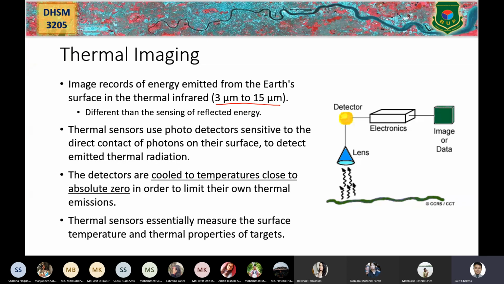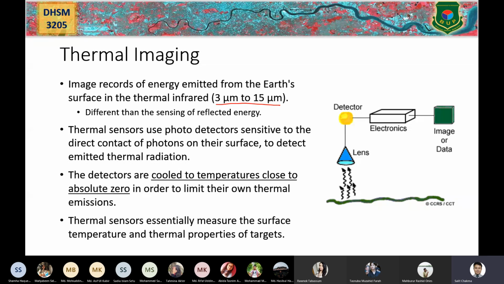On the other hand, we have also seen the predecessors of Landsat 8, which are Landsat 5, Landsat 4 and 7. They contain a thermal band which belongs to the later group of the wavelength, that's 8 micron to 15 micron.